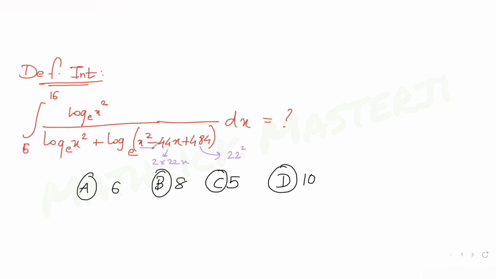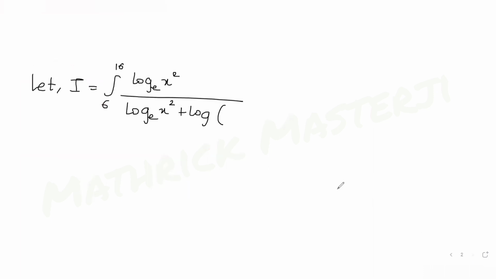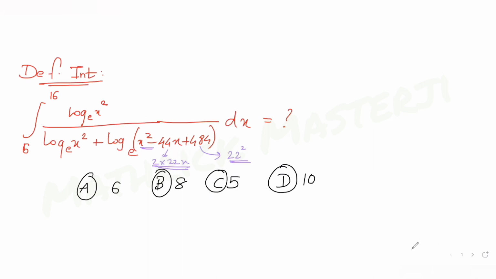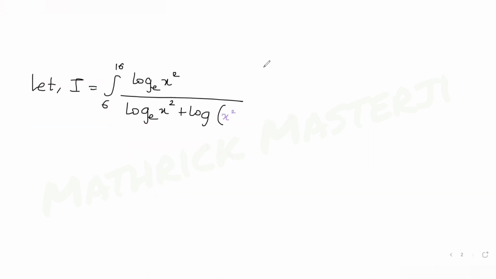So this is a squared minus 2ab plus b squared, which I can write as x minus 22 the whole square, a minus b the whole square. So instead of x squared minus 44x plus 484, I write x minus 22 the whole square to the base e, dx. This is our entire I.